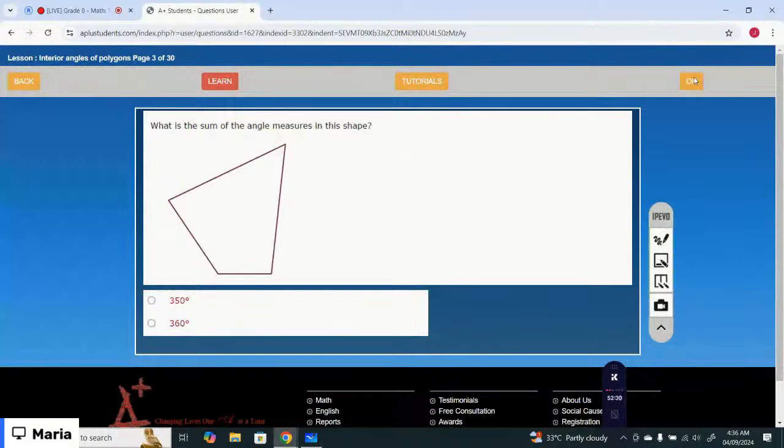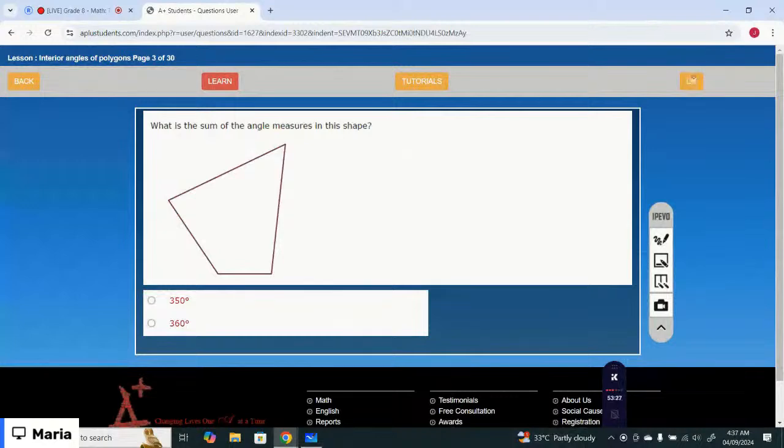What is the sum of the angles measured in the shape? Which is the correct option? The correct option is 360 degrees, right?